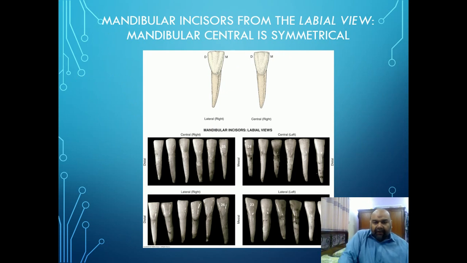Now this is a picture of a mandibular. There are different varieties of mandibular incisors, and above here you can see the central, and in the below picture there are the lateral incisors. Now, there are different varieties of mandibular central that are present, but as I have discussed earlier, they are bilaterally symmetrical.